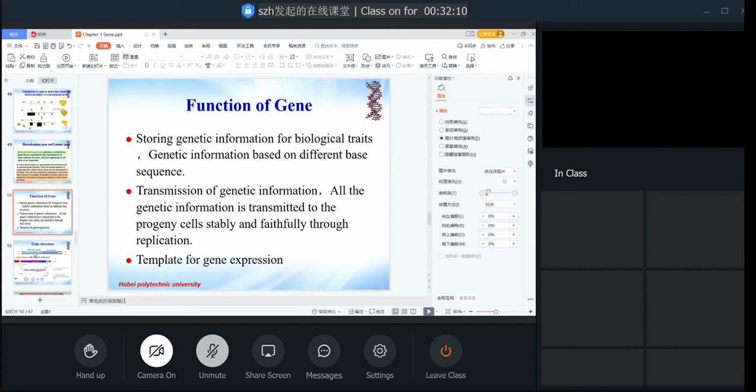The second is transmission of the genetic information. All the genetic information is transmitted to the progeny cells stably and faithfully through replication, acting as the template and replicated to produce the offspring's genes. And third, the template for the gene's expression. So these three functions are almost similar to the DNA function.